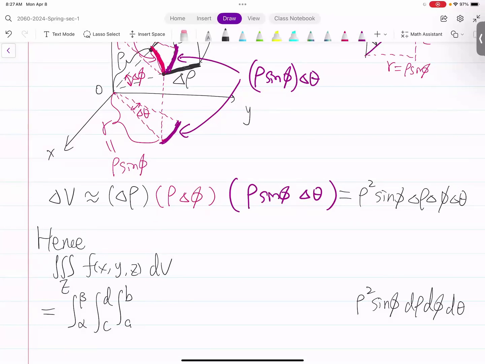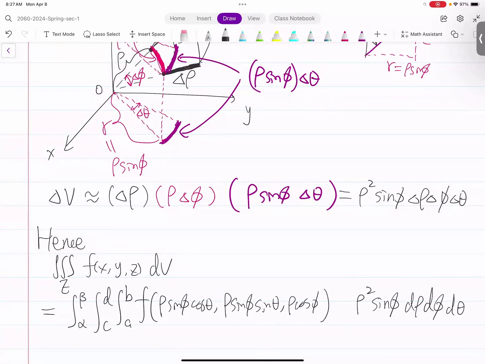But now the substitution of f of x, y, z is going to be a little bit long, because now x, y, z we want to express those coordinates in terms of rho, theta, and phi. So that's the spherical coordinates once again. So just remember, this is rho sine phi cosine theta for x, rho sine phi sine theta for the y value, and finally rho cosine phi for the z value.